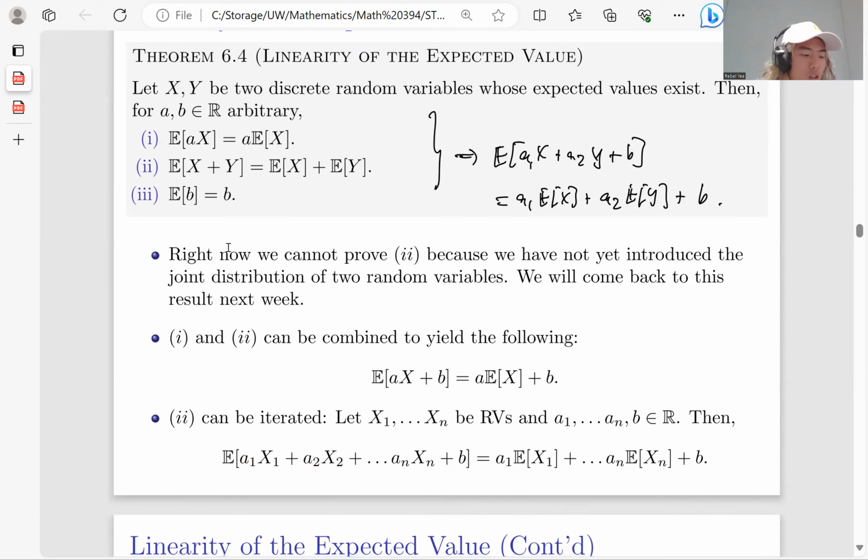And for any constant b, we just take the b out. So that is very direct.